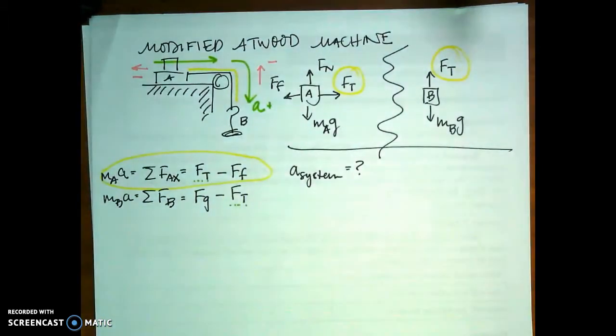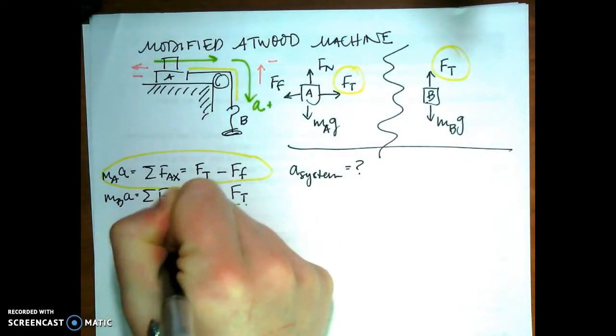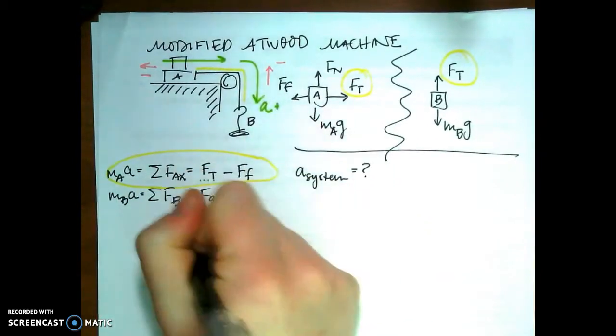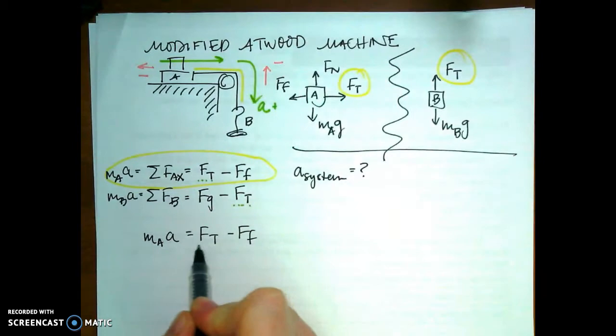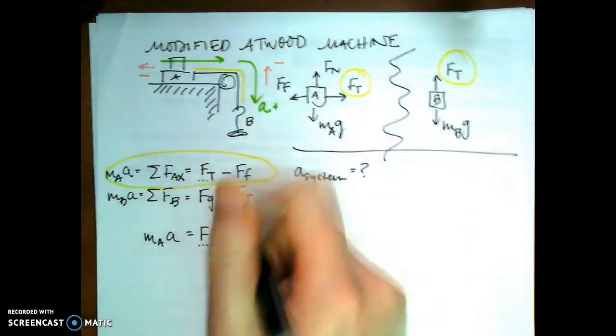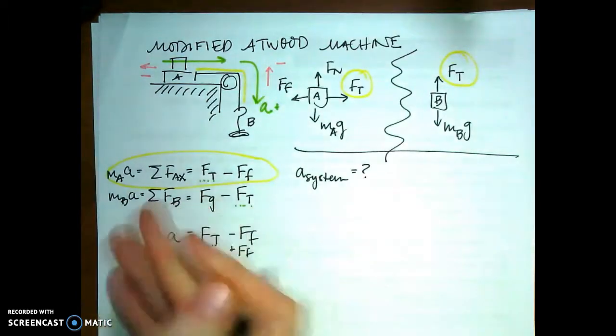I'll do object A, the box on the table, first. So, I've got that object A's mass times acceleration is equal to force of tension minus force of friction. I'm solving for force of tension, so I'm going to add force of friction to both sides. And then I'm going to flip.